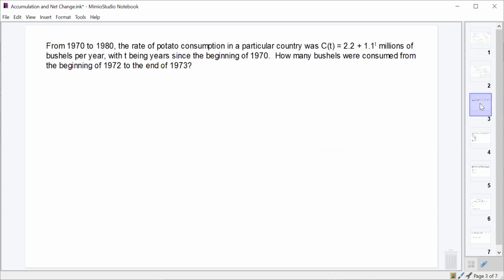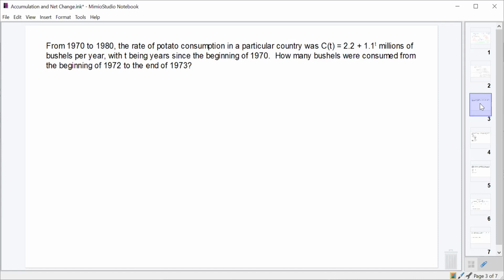We're going to talk briefly about accumulation problems. And these are problems in which you are given a rate at which something is increasing or decreasing, or a rate at which something happens, basically.